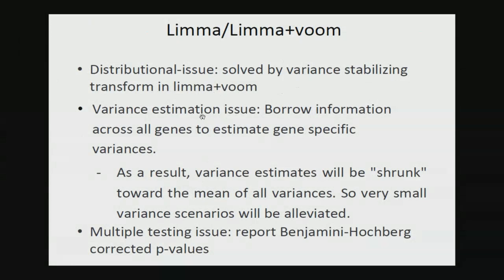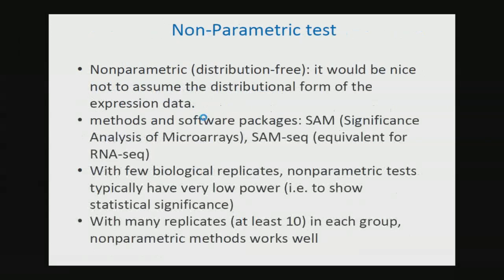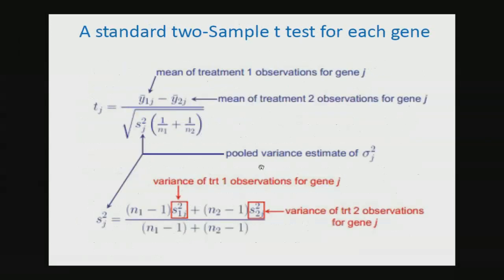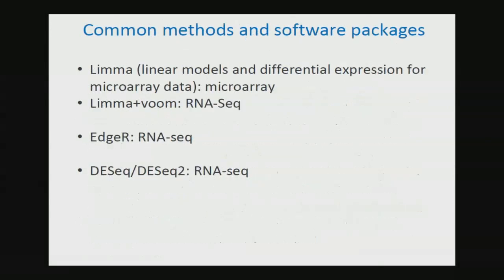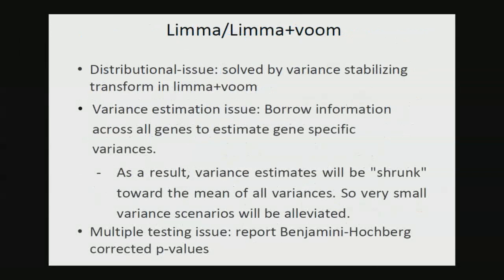And for the variance estimation issue, with small sample size, you get a large variance estimate. But Limma cleverly takes care of this. If you're interested, you could read the mathematical detail, but the key idea is it uses all the information across all the genes to estimate gene-specific variance.